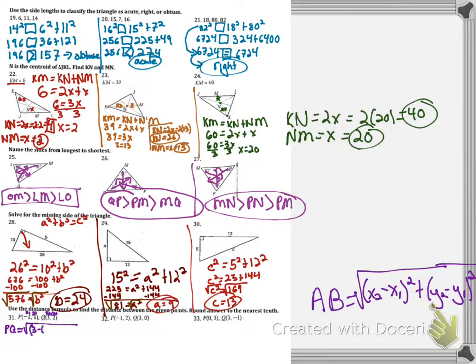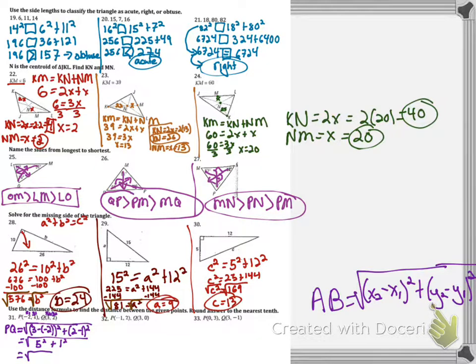Okay, now that we have that, the distance from P to Q equals the square root of x2, which is 3, minus negative 2 quantity squared, plus 2 minus 1 squared. Inside here we have 3 minus negative 2, which turns that into a plus. So 3 plus 2 is 5 squared, plus 2 minus 1, which is 1 squared.